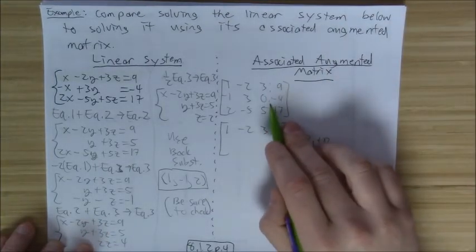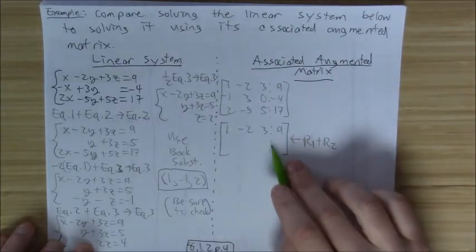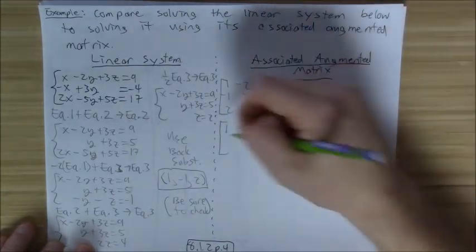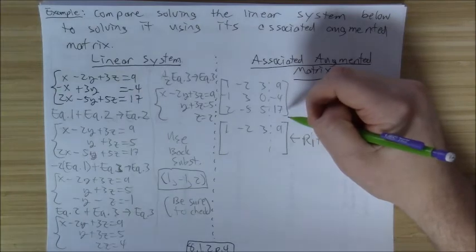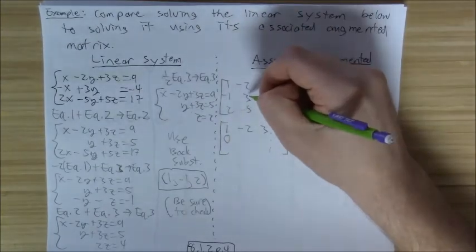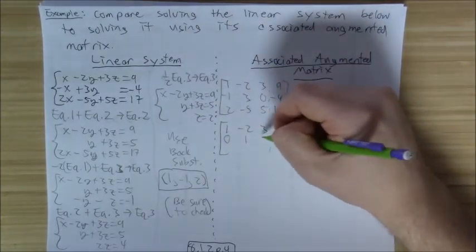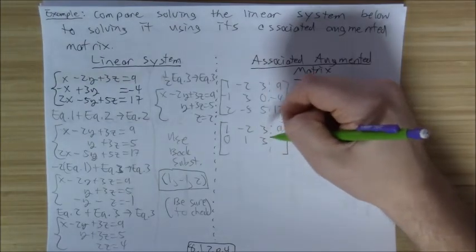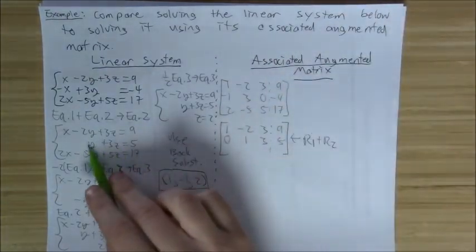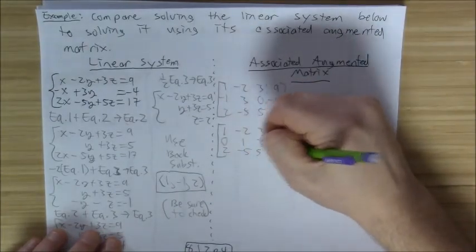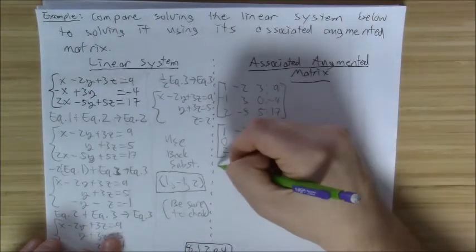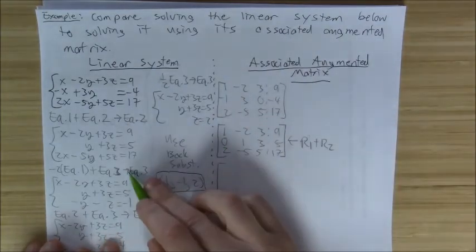So I took R1 plus R2 to get a new R2. And that's why I point to R2 there. Doing so, I end up with 0, 1, 3, and 5, which I note corresponds to exactly the coefficients there. These coefficients remain the same. And then I just keep going, mimicking what I did over here.